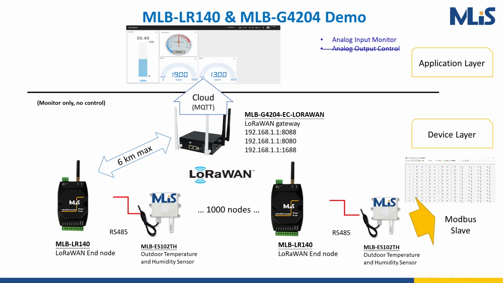In the following, we are going to show you how to set up step by step. Today, we are using Modbus Slave to simulate the sensor data, sending it to the LoRa end node and delivering it to the gateway.